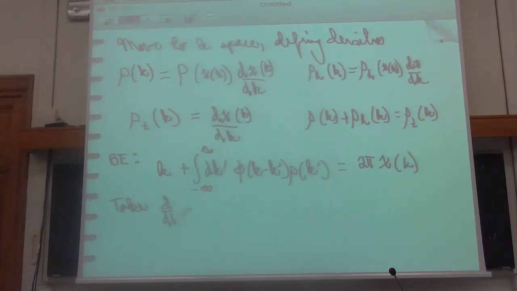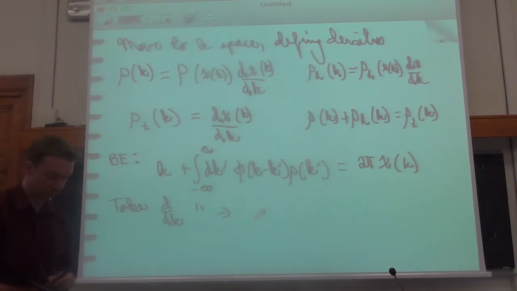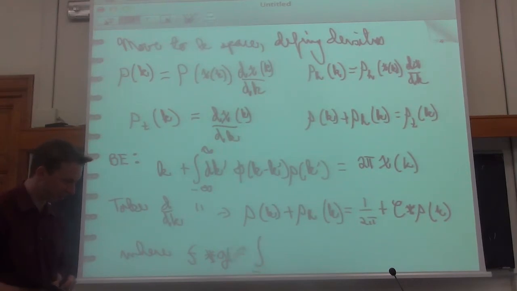derivative d dk of this, and what we get is an equation which is just the following: rho of k plus rho hole of k is equal to 1 over 2 pi plus this Cauchy kernel that we have, star rho of k, okay, where, you know, f star g, that's just the convolution, integral of f star g of k, minus infinity to infinity dk prime, f of k minus k prime, g of k prime.